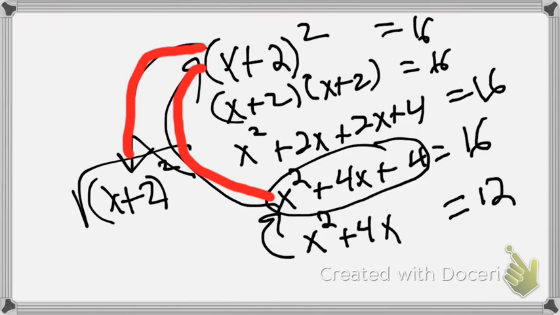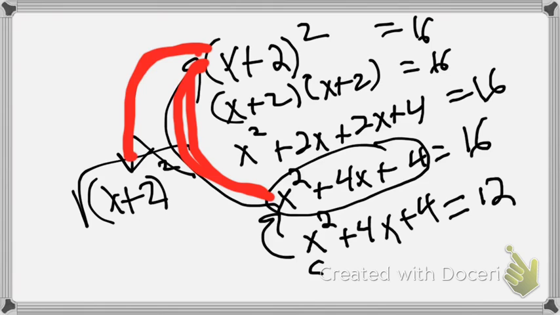Well, we already know the answer. We know that the answer is we add 4 to both sides. Now, that act of adding 4 to both sides allows me to, again, turn x squared plus 4x plus 4 into x plus 2 squared, which allows me to square root to get x by itself.